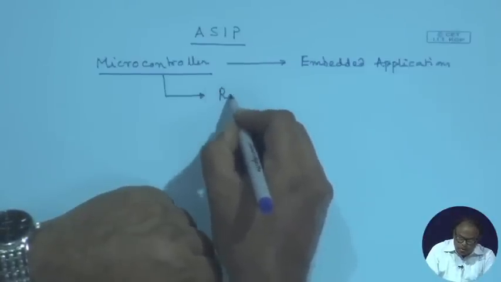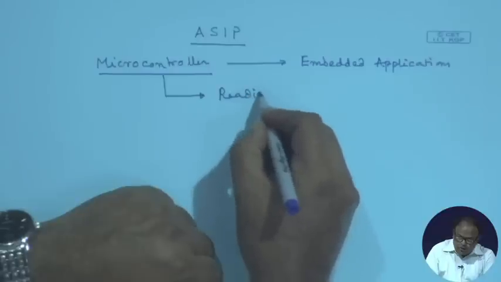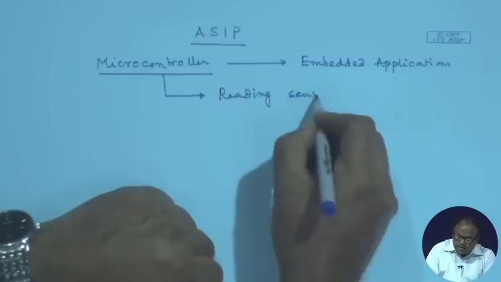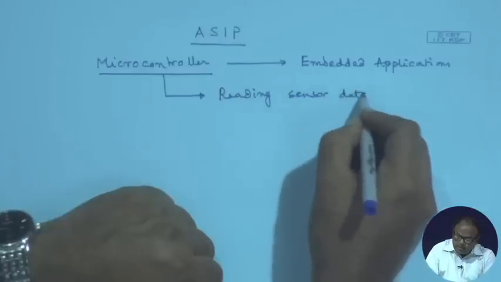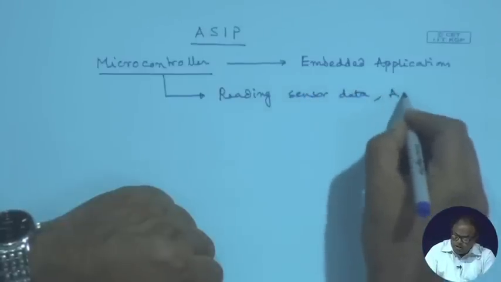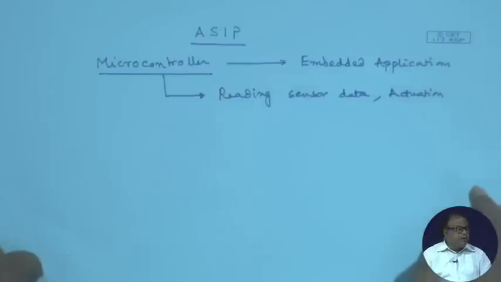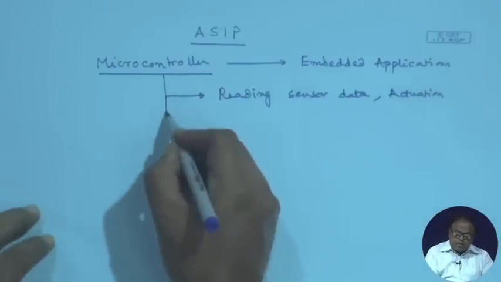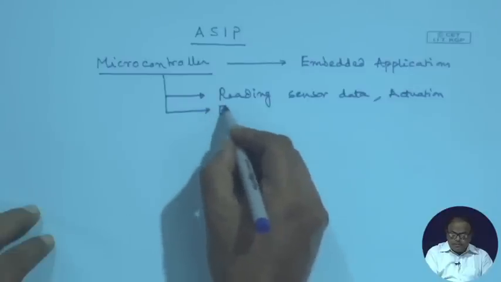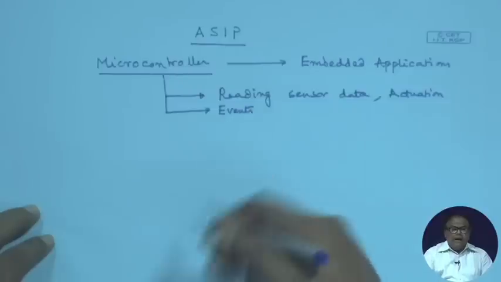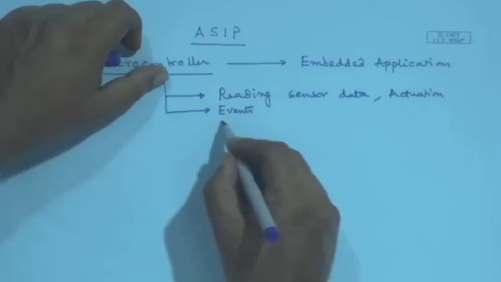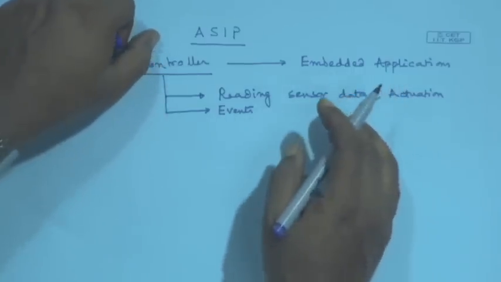It has got the facilities for reading sensor data, some actuation, we will be able to actuate data. It deals with mostly events. As the events take place outside, as it is a reactive system, data is present, but not in a huge amount.